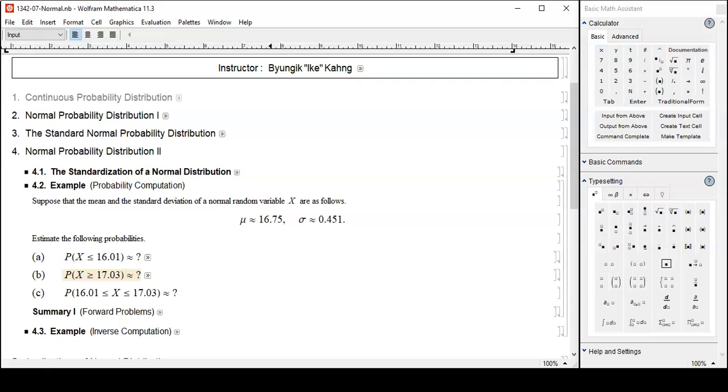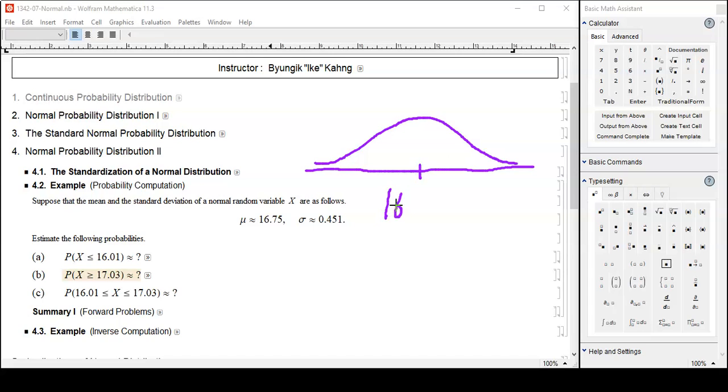First, let's draw a picture. Outline, and then center, and that's of course 16.75. And then where is 17.03?